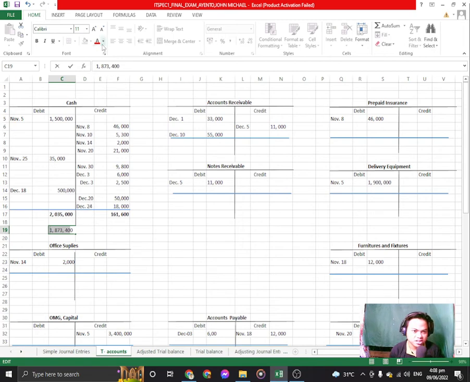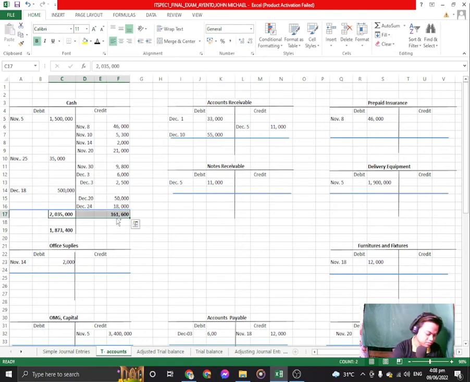Ato na siyang koloran og red, para maklaro. Ay, black na lang. May tawag na, balance na niya. Ako na lang ni, bold. Unbold.